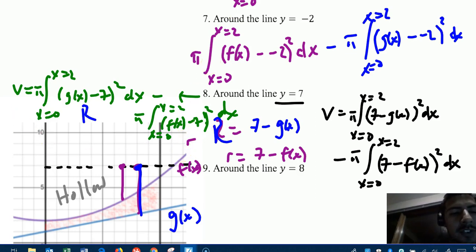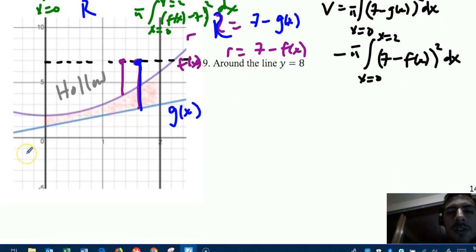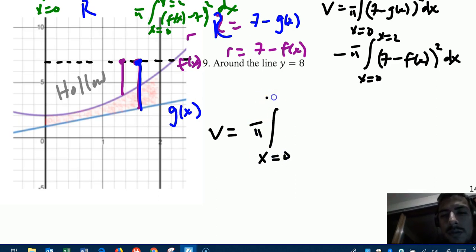And with that, we'll finish up with our last one here. We're rotating around the line y equals 8. Since 8 is just one higher, we'll notice that there's not going to be much difference. And I'll write my answer as volume is equal to pi, integral from x equals 0 to x equals 2 of, and I'm going to open big brackets here.